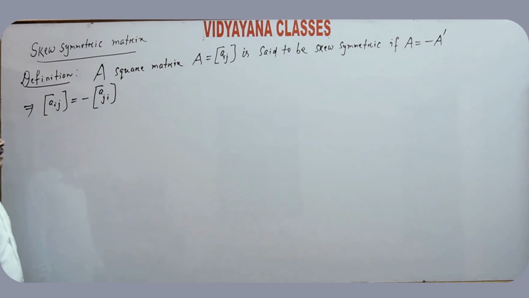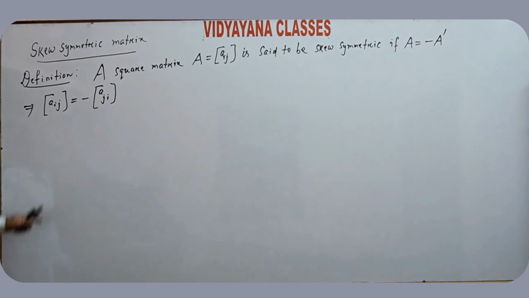Since A dash is the transpose of A, rows change to columns and columns change to rows.